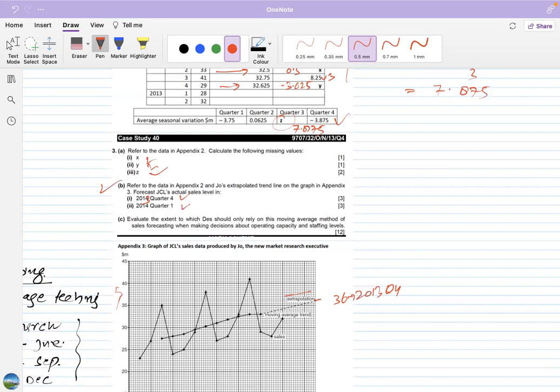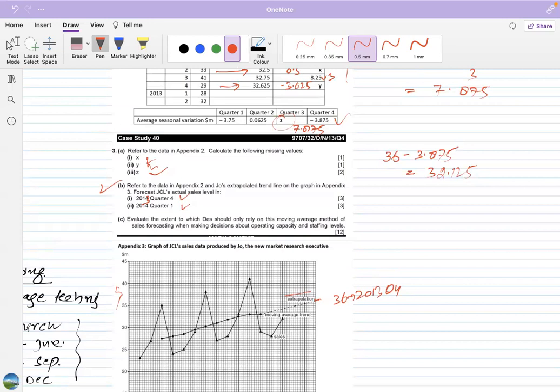The value that we have taken from the graph is 36. The average seasonal variation value is already given to us. That is minus 3.875. The answer is 32.125. That is the value for the quarter number 4 of 2013.